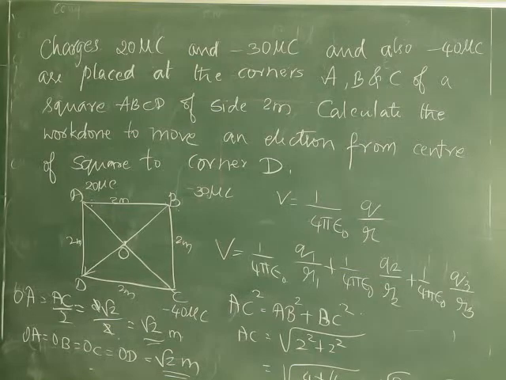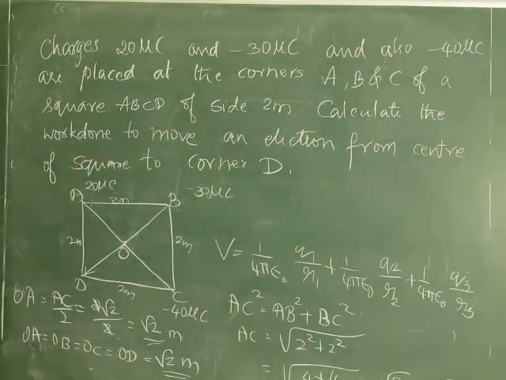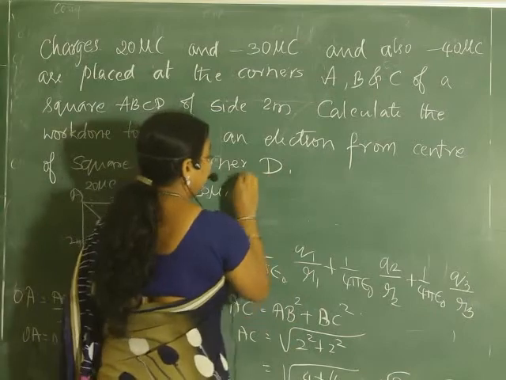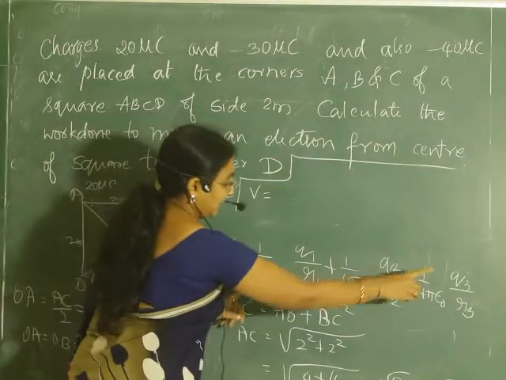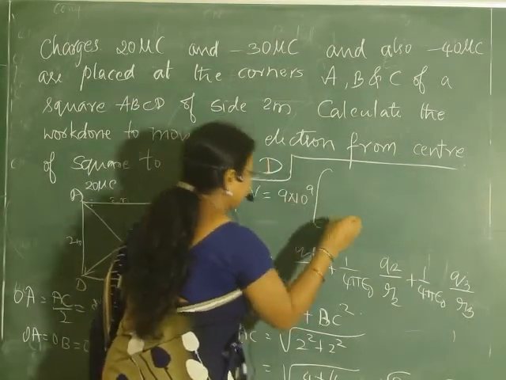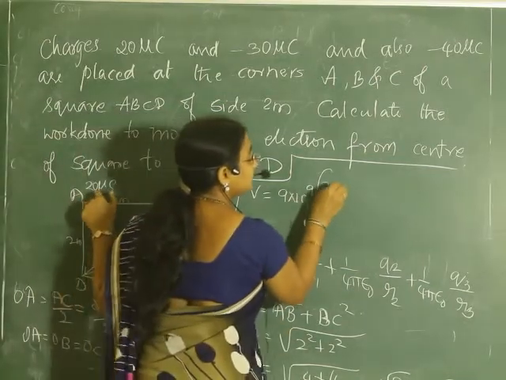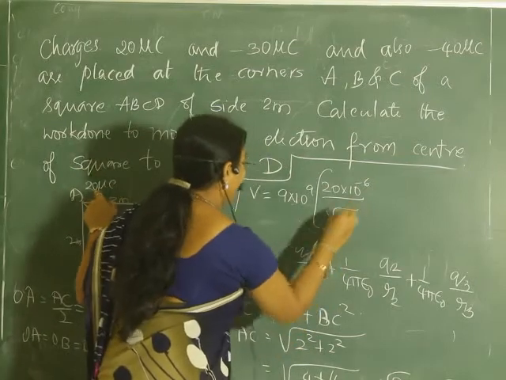Then next step, what can we further move for? The next step, can you please help me? Substitute for this formula, that is V is equal to 1 by 4 pi epsilon naught, which is common. So I'll write 9 into 10 to the power 9. Q1 is 20 micro divided by OA.